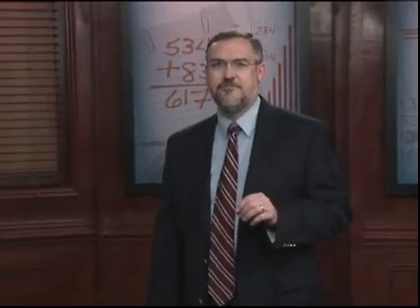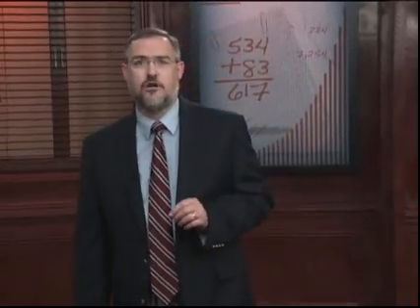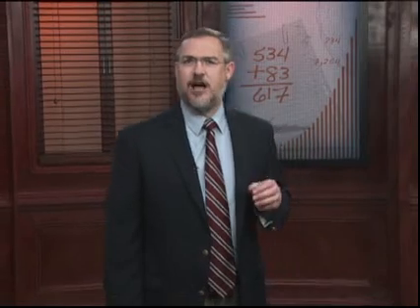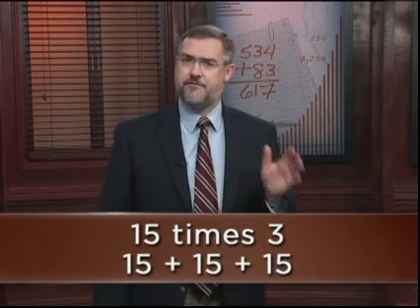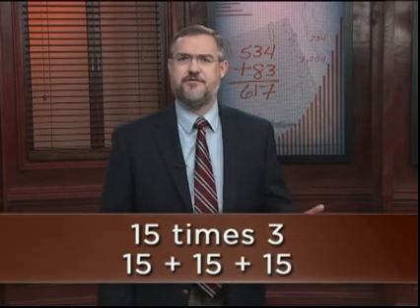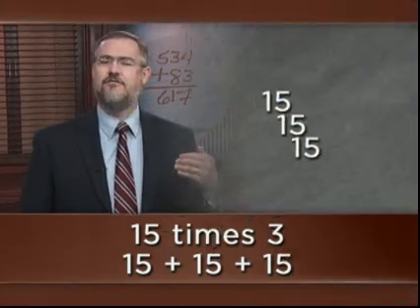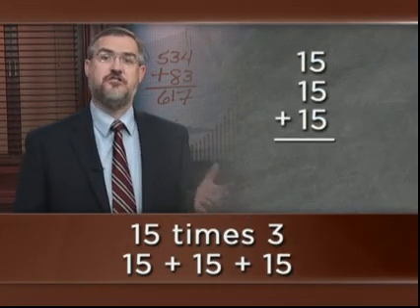Before we begin discussing the detailed steps involved in multiplying two whole numbers, let me just quickly mention how multiplication is related to addition. For example, let's say I want to know what 15 times 3 is. Well, one way to compute this is by doing the multiplication. But at its core, 15 times 3 is the same as 15 plus 15 plus 15, or adding 15 to itself 3 times.